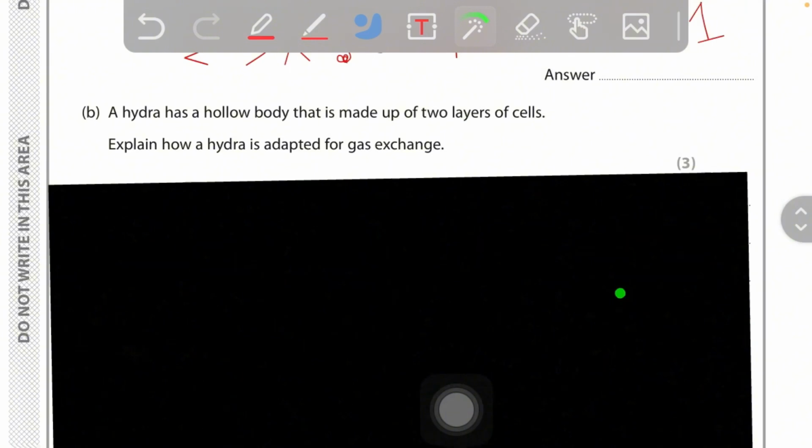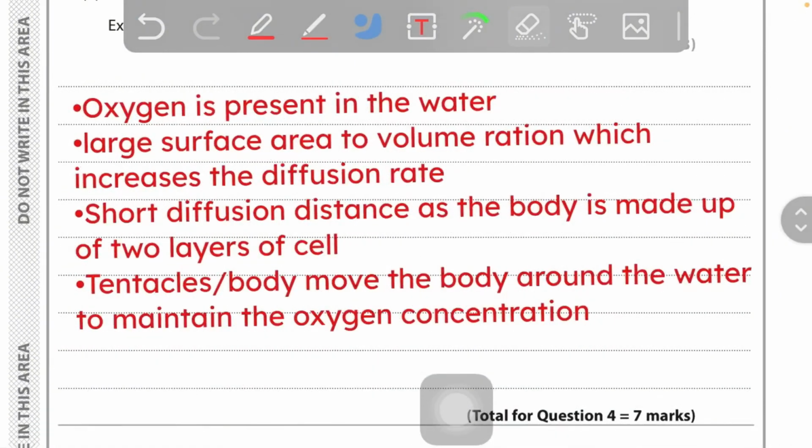Then they have tentacles on their body, as shown in the figure, which help them move around the water and maintain the concentration of oxygen. And of course oxygen is always dissolved in the water, which is needed for them.